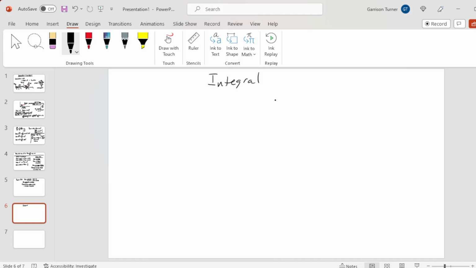Okay, so the integral does the opposite of what differentiation does. In fact, sometimes it's referred to as the antiderivative.